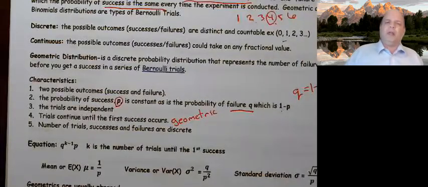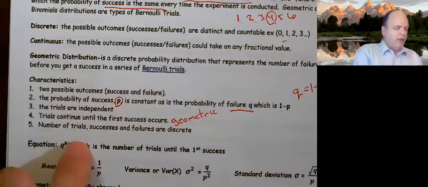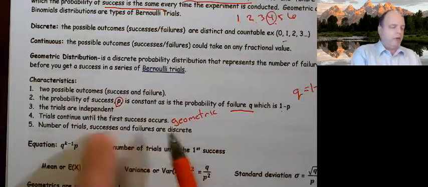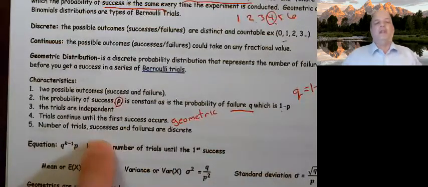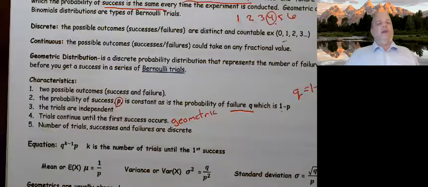In real life, I'm going to be a little freaked out if it doesn't happen after about the fourth time. Next thing, the number of trials, the successes and failures are discrete. So the number of times I do it is going to be a whole number. When I flip a coin, I can only flip it 5 times. I can't flip it 5.5 times.